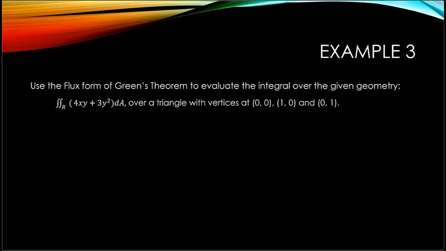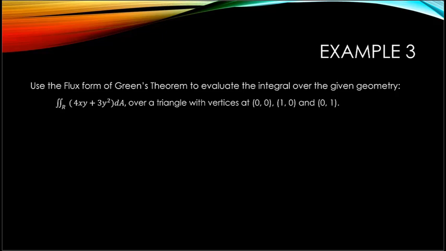Green's theorem is very powerful, and one of the things that the Flux form allows us to do with a little bit of cleverness is compute a double integral over a geometry that could be simple or complex by cleverly choosing the functions I want to use for f of xy and g of xy that will simplify my work.